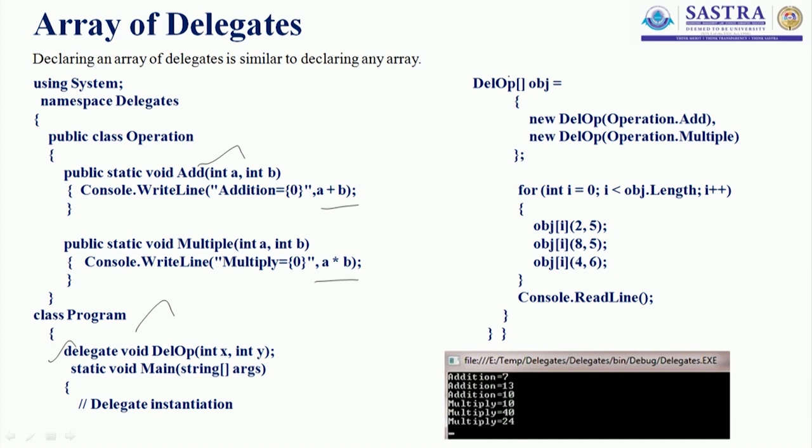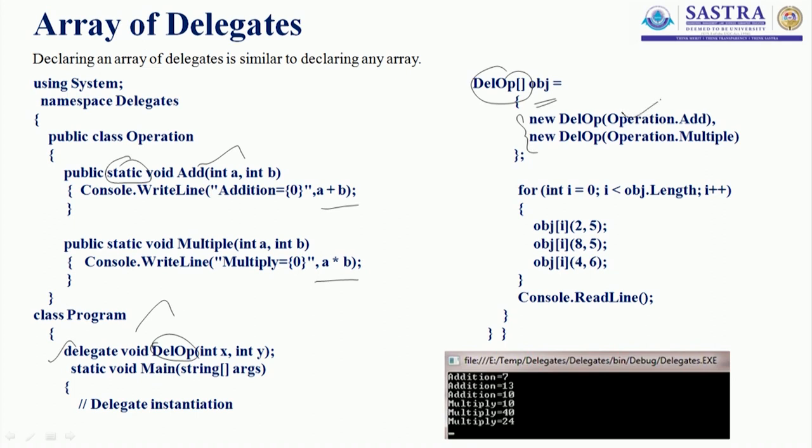See here, del op, which is nothing but the delegate name, del op, and obj is going to be the del array, that is, an array of objects or array of delegates. Here we are providing the object creation for two methods. Since this add as well as multiple method are of static type, we are trying to refer with the help of class name.